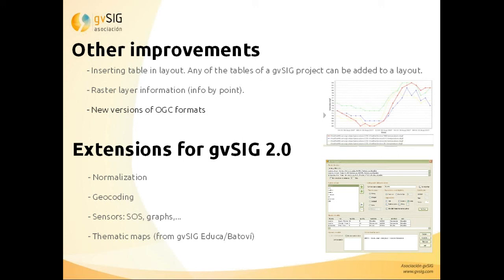And several extensions will be included, for example, normalization, geocoding, sensors, or the thematic maps. This extension is from gvSIG Educa, the product gvSIG Educa, gvSIG Patobi from Uruguay. It's a gvSIG for education, where the users can interchange their maps.